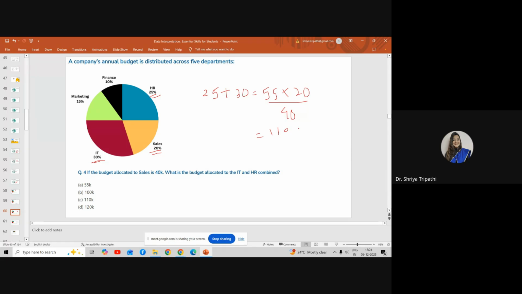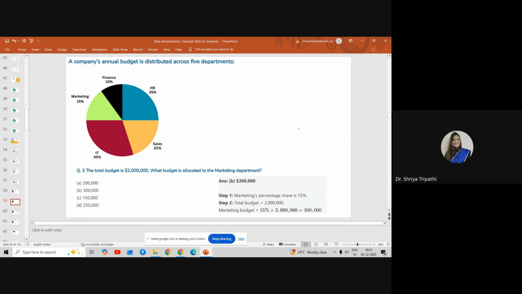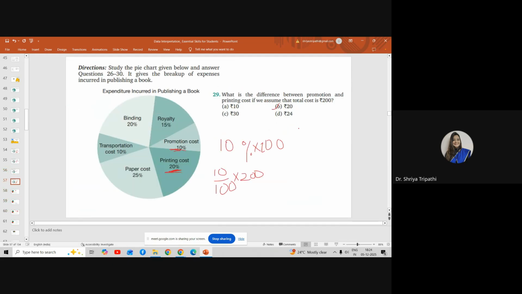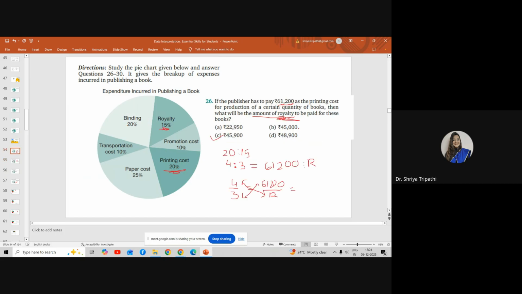Everyone, have you understood? Yes, ma'am. Applied unitary method, right? Simple. We did this just now. The proportion one, this same logic.